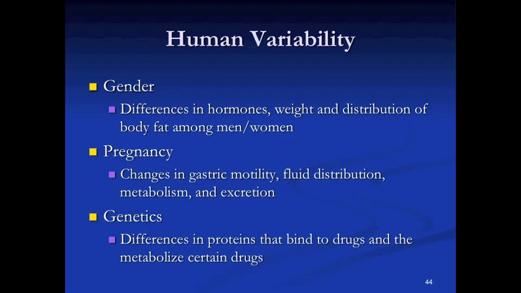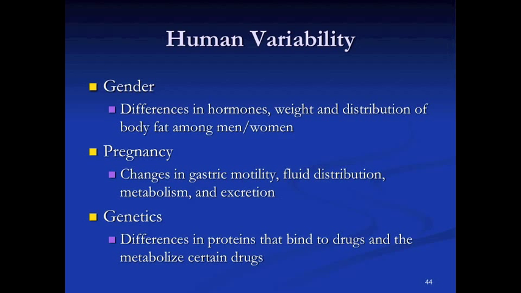Gender can play a role as well, and the textbook points out the differences can be attributed to hormones, weight, and the distribution of body fat among men and women. During pregnancy, women can have delayed gastric emptying and reduced intestinal tract motility, which will reduce the rate of absorption. The rate of urinary excretion for a number of drugs is much greater in pregnant women versus non-pregnant women.